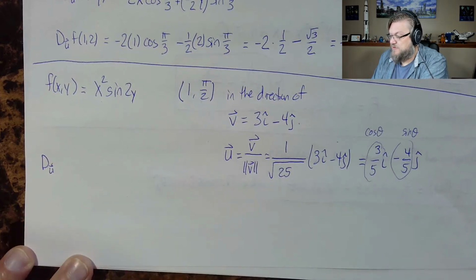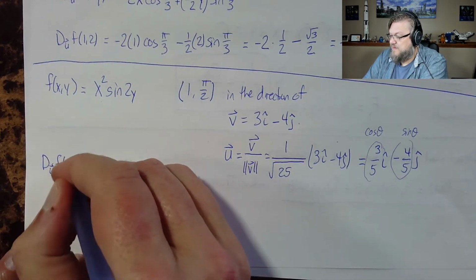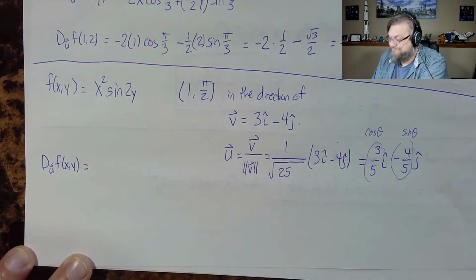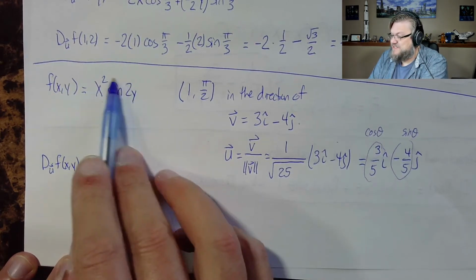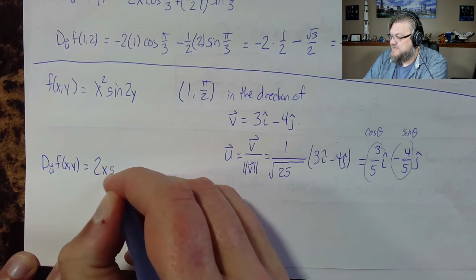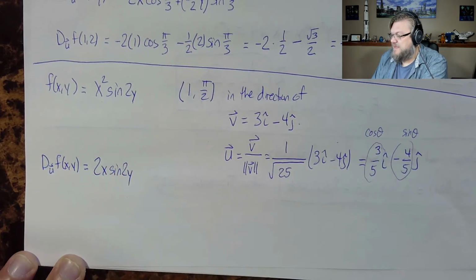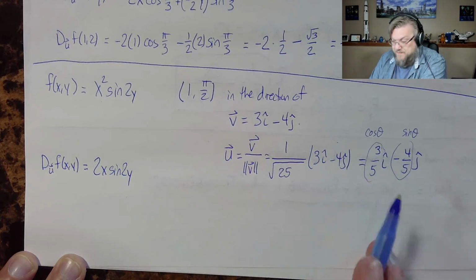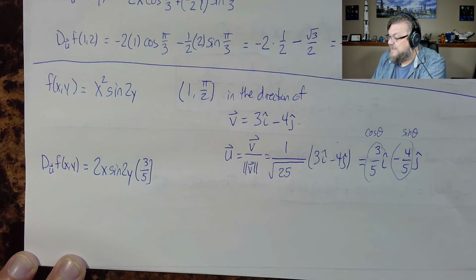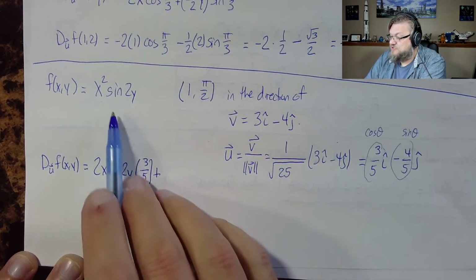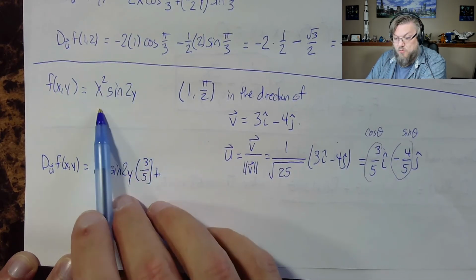Okay, with that out of the way, let's go ahead and get our directional derivative. So we want the directional derivative for the surface f. I need partials. So the partial derivative with respect to x is 2x sine of 2y times cosine of theta. What's cosine of theta? 3/5. Add to that the partial derivative with respect to y.